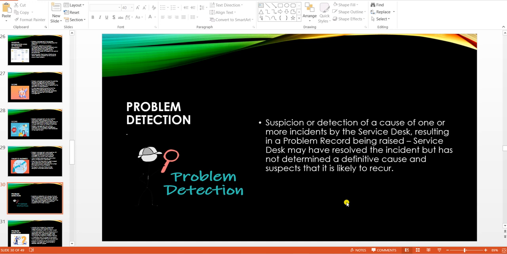So in this first step, your service desk would detect an incident but wouldn't determine a definite cause, so they may just log it following the process, which will allow us to work out how we can solve the problem.